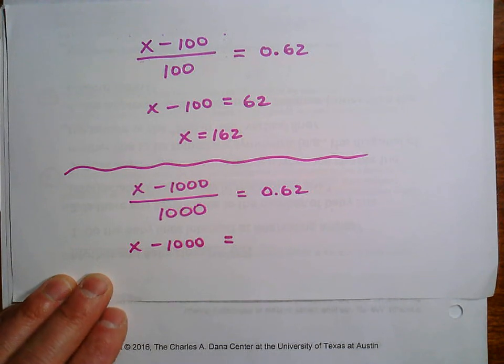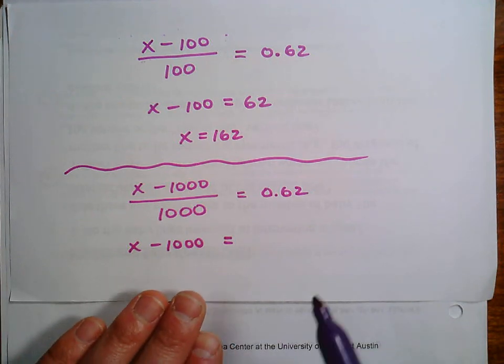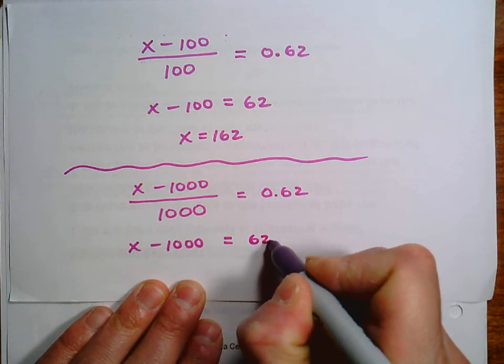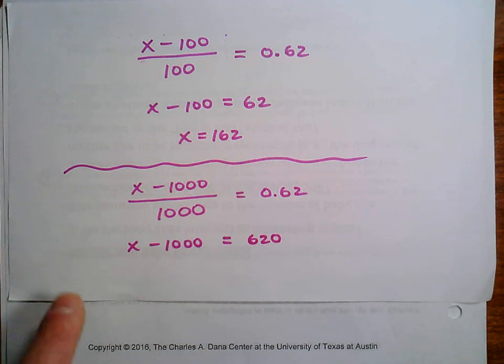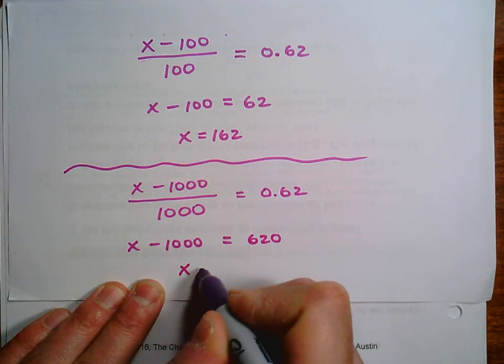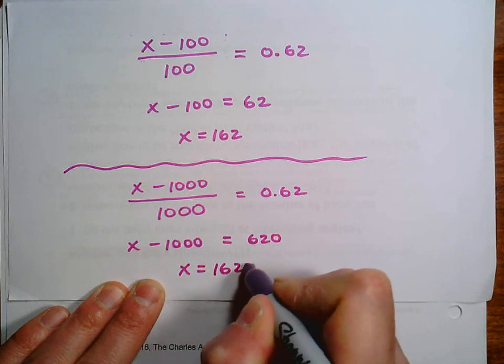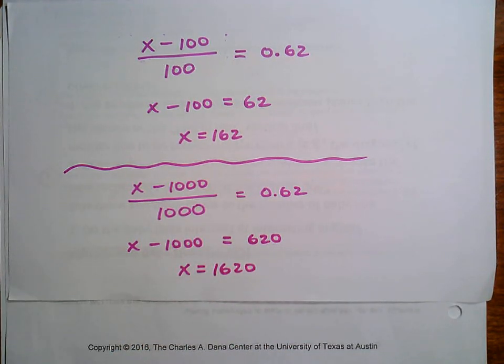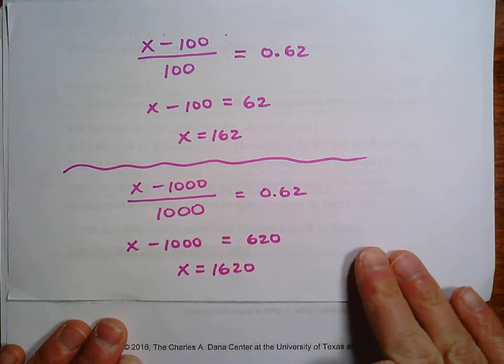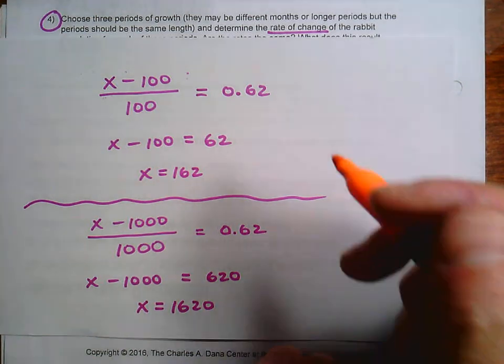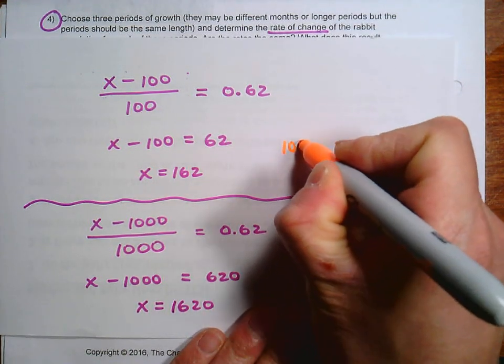So if we take this times 1000, this will give us 620. And then we can, again, figure out x. Right, so x will be 1,620.